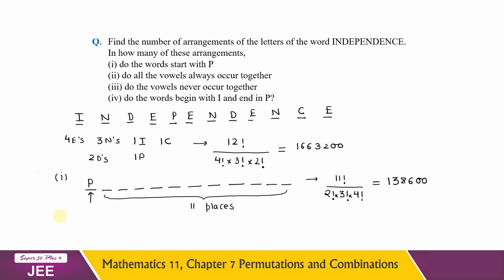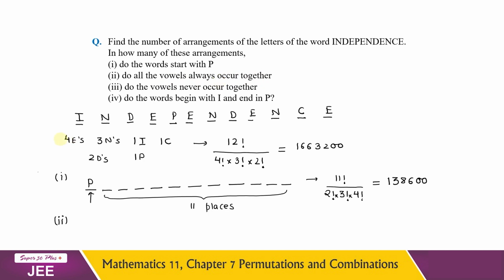Alright, let's move to see the second part. The second part says, in how many of these arrangements do all the vowels occur together? So how many vowels do we have?